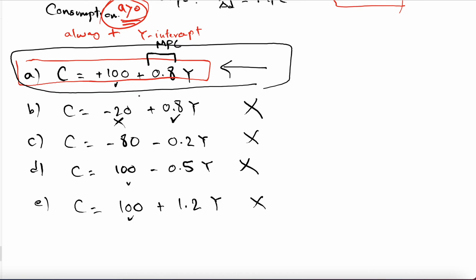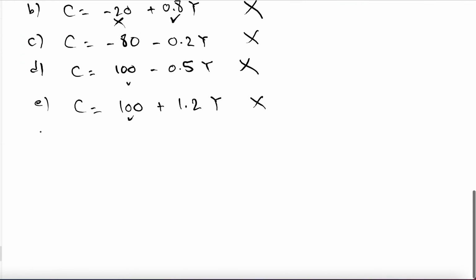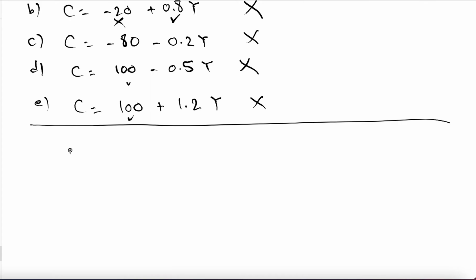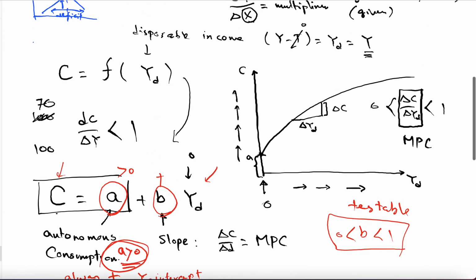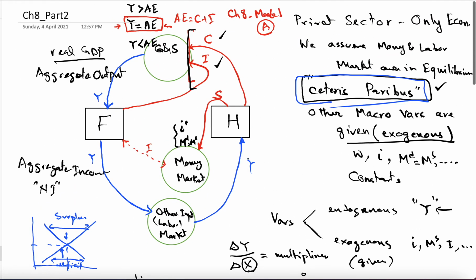So if we have a consumption function in general, C equals A plus BY, can we say what our saving function would be? The answer is yes, because we know from our laws that Y is always equal to either consumption or saving.